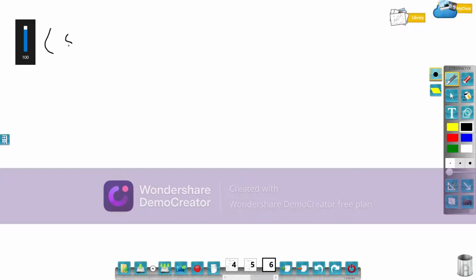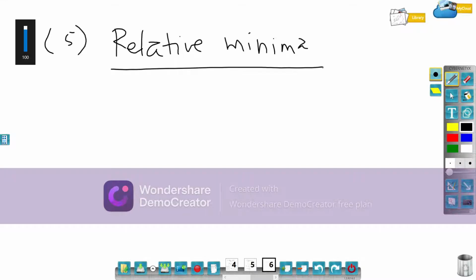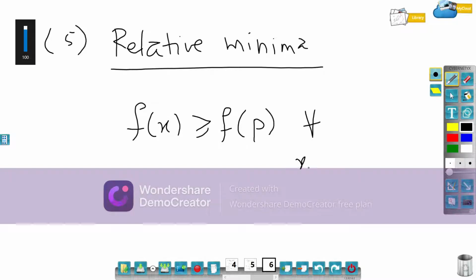Then number 5, relative minimum. Here f of x is greater than or equal to f of p for all x belonging to a ball around p with radius r which is contained in your U.